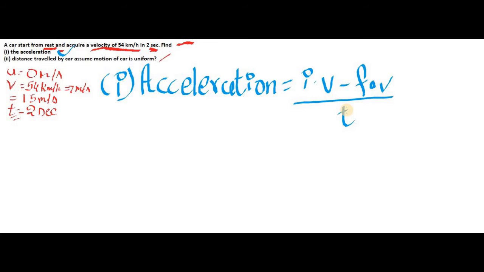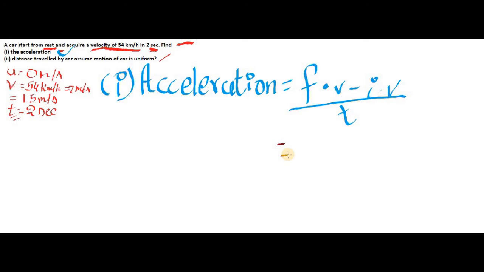It's not initial velocity minus final velocity, it's final velocity minus initial velocity. So the formula would be final velocity minus initial velocity by time. Now it's just a piece of cake.